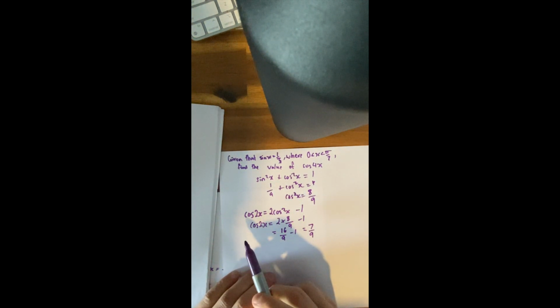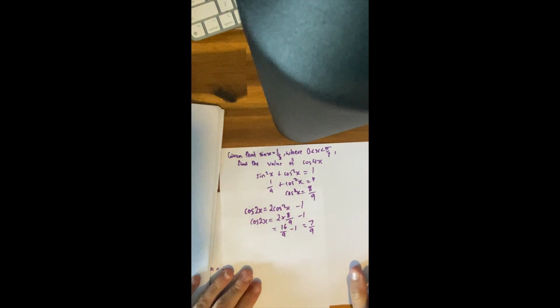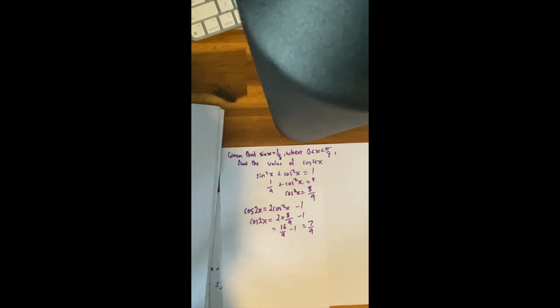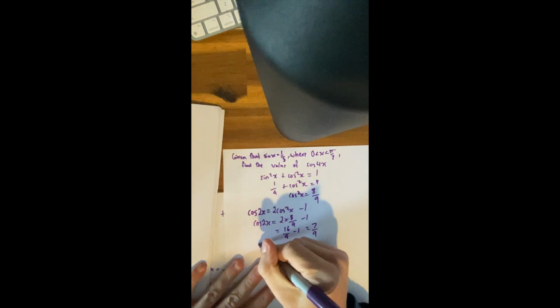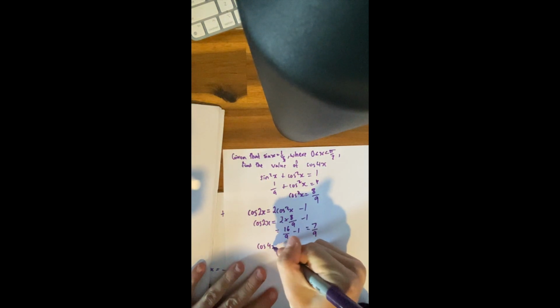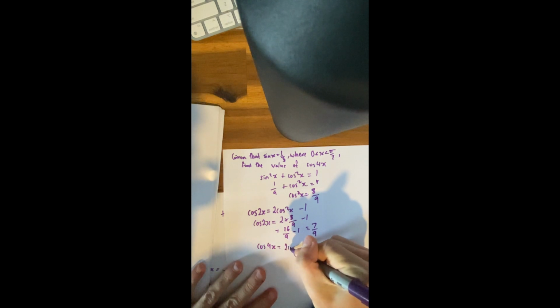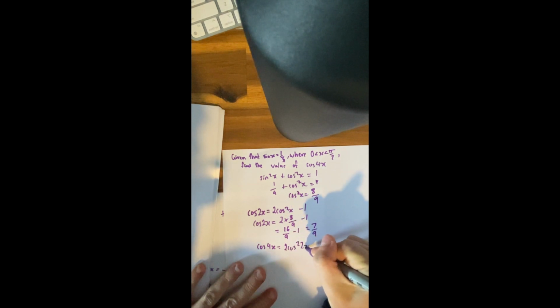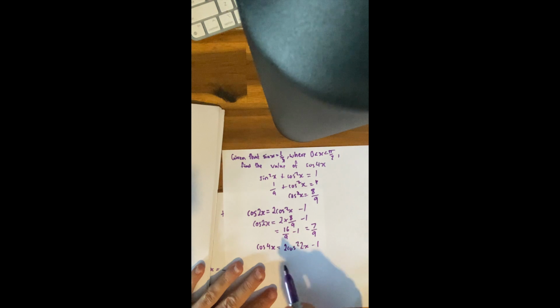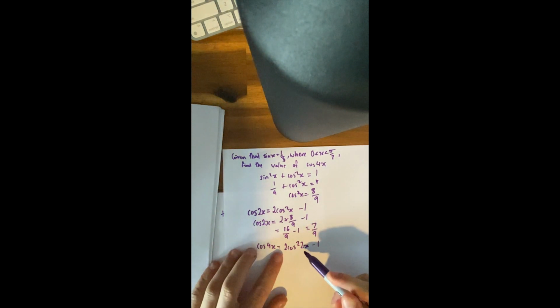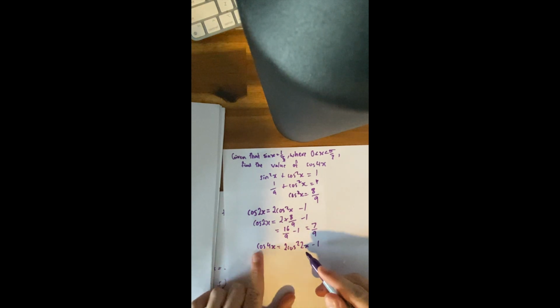So now that we know cos 2x, we can now find cos 4x. Using the double angle identity again, we know that cos 4x will equal 2 cos squared 2x minus 1. As you can see, it doesn't necessarily have to be x and 2x. It just has to be a value here, which is then doubled there.